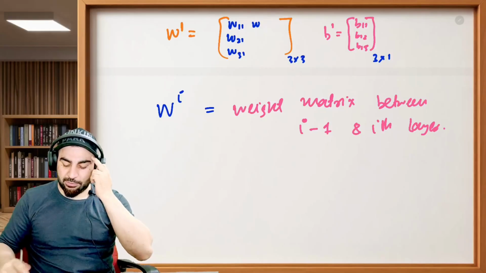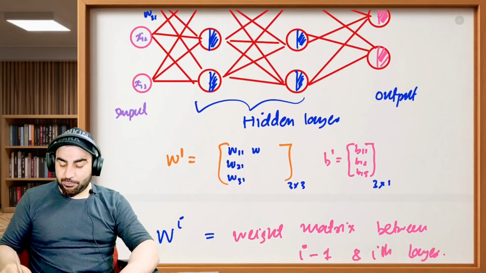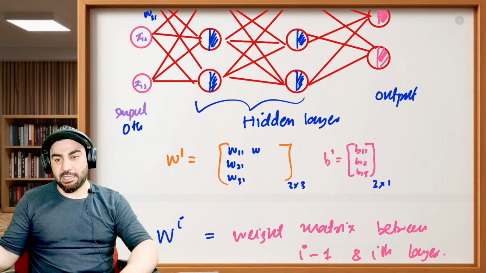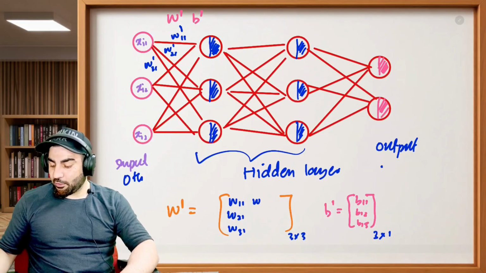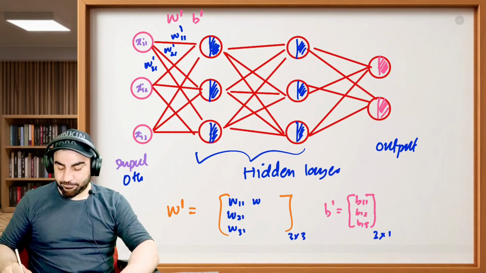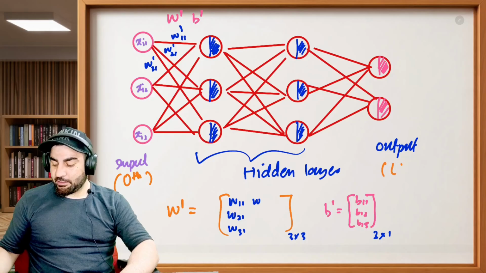We demarcate from the 0th layer: our input layer is known as the 0th layer, then we have the first layer, second layer, and so on up to the lth layer. So this is our 0th layer, and this output layer is our lth layer.